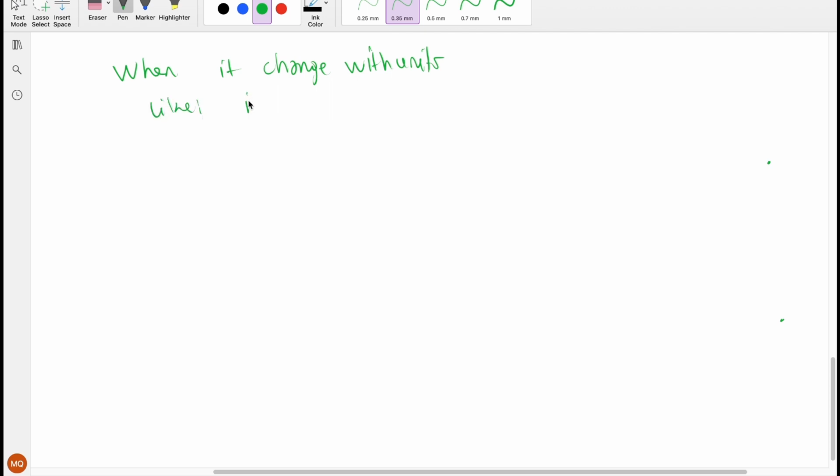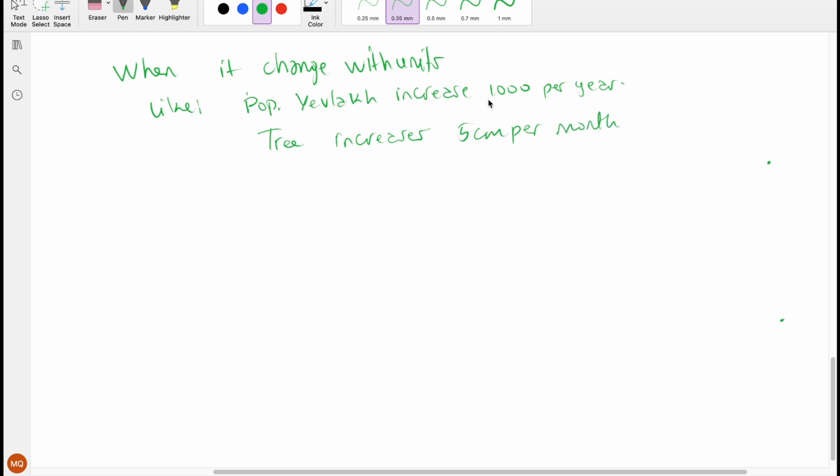For example, the population of Yevlach increases by 1000 per year, or a tree increases 5 centimeters per month, or something like that. You have a unit here, for example 1000 people, 5 centimeters, etc. These ones are linear.